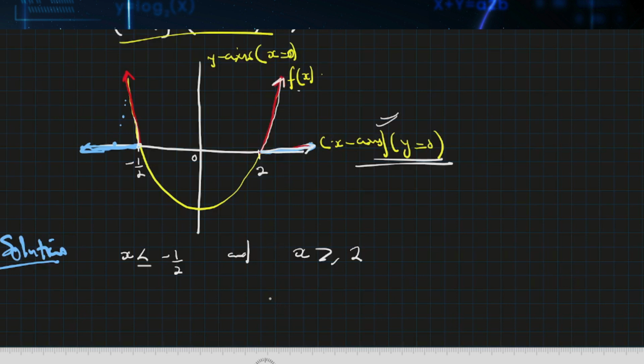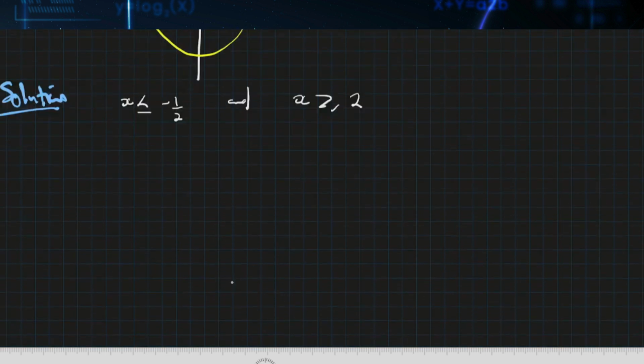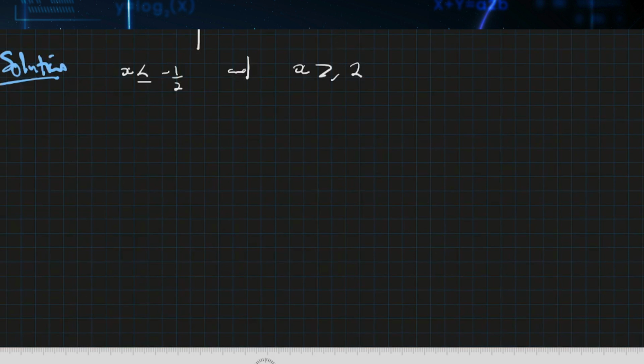Right, let's try it again on example 2, so that you can perfect your understanding of this. Example 2.